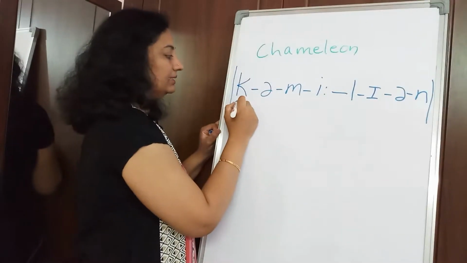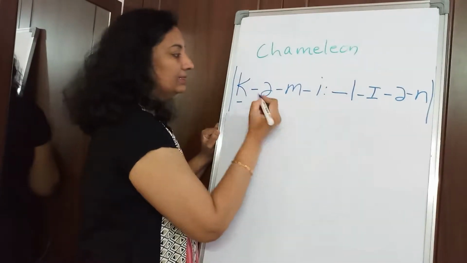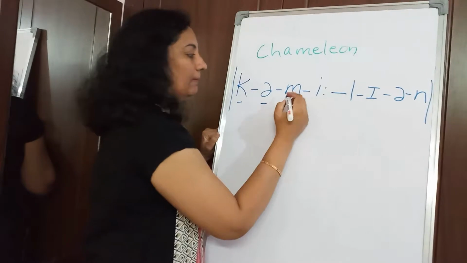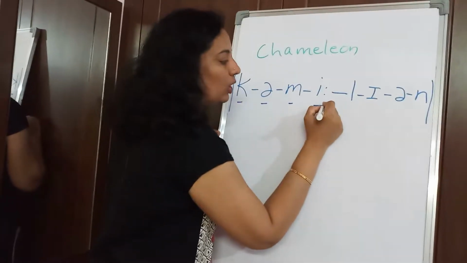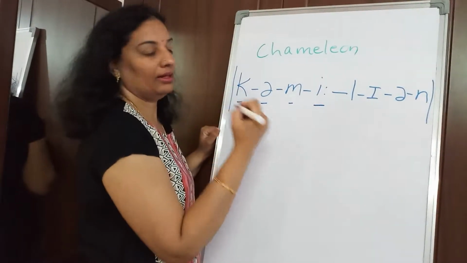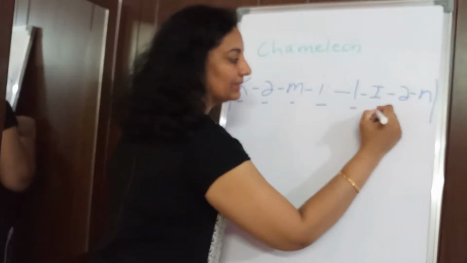It is pronounced as k, k, and this is a, k, m. This is long e. l, short e.